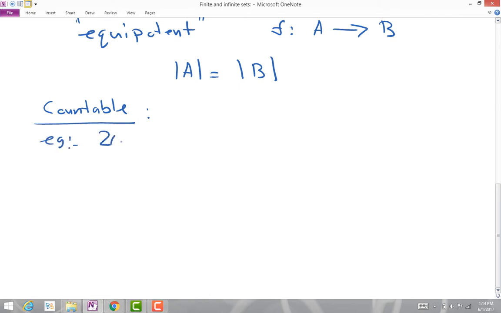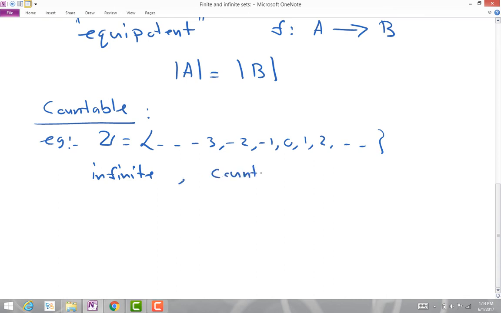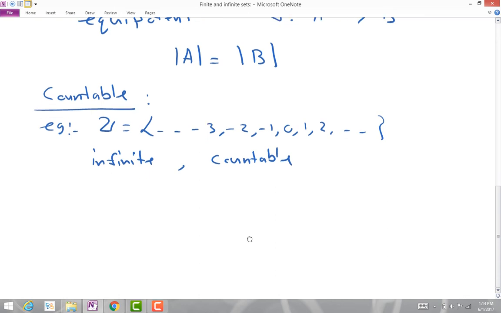If I take the set of integers, the set is infinite, but I can count these numbers. I can count as 1, 2, 3, -1, -2, and so on. So in this case, this is a countable set, but it's an infinite set.